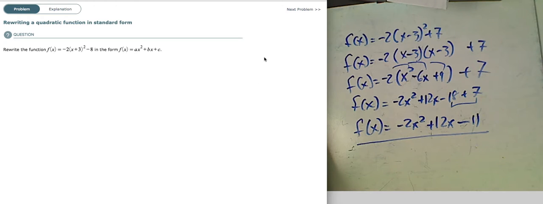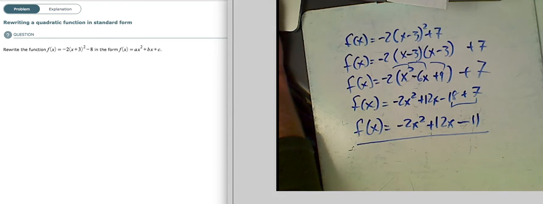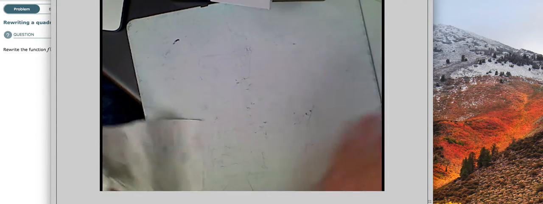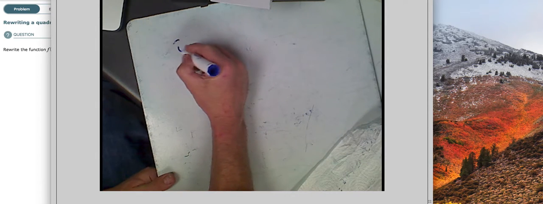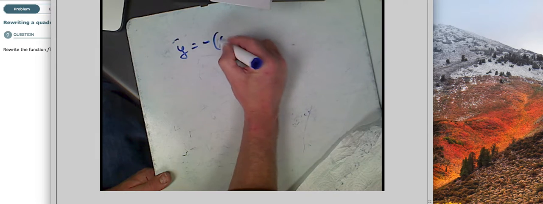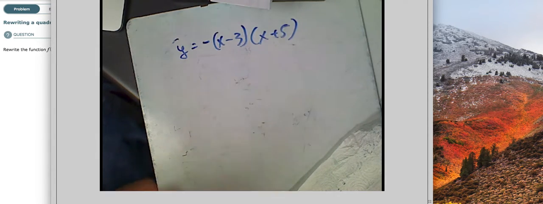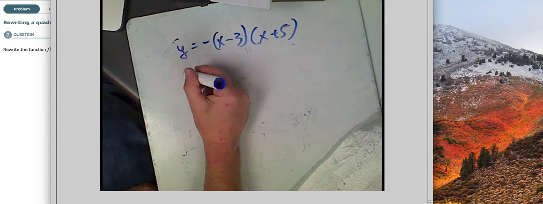That's basically the same. So let's talk about, well, what if it was something like this? The process will basically be the same, but what if you had y equals negative (x minus 3)(x plus 5)? Well, I'm just going to do the same thing.